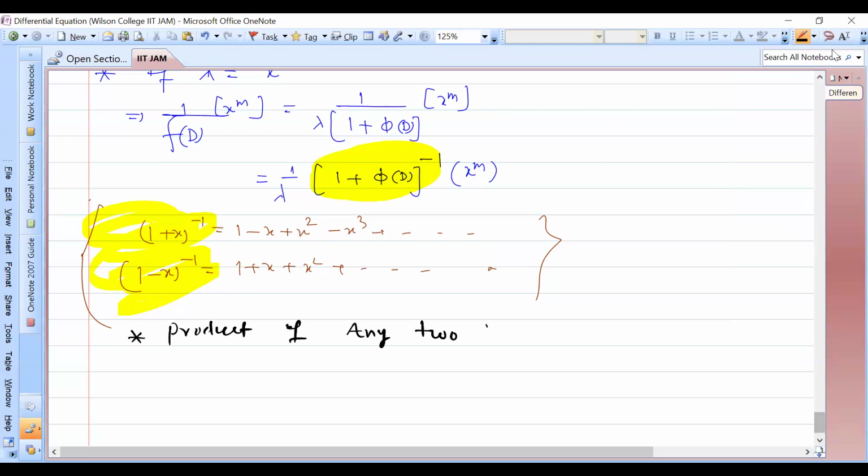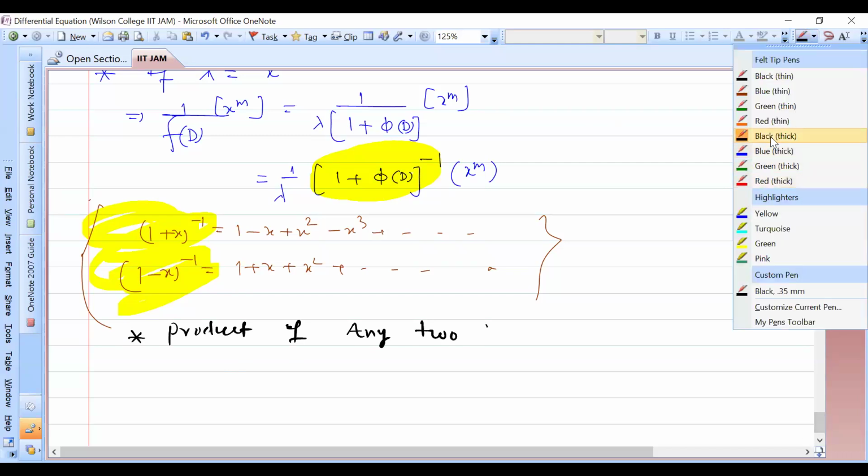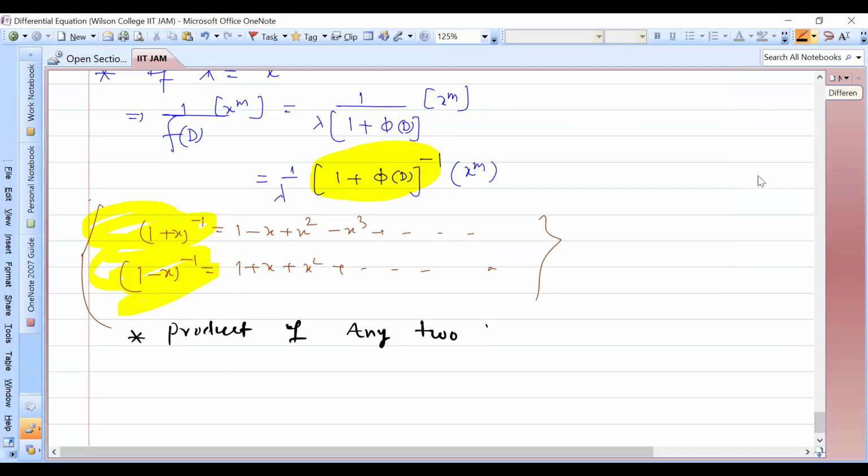For example, suppose they have taken f of D into e raised to x. So what do we have to do? Replace D by D plus a. Yes, very good.